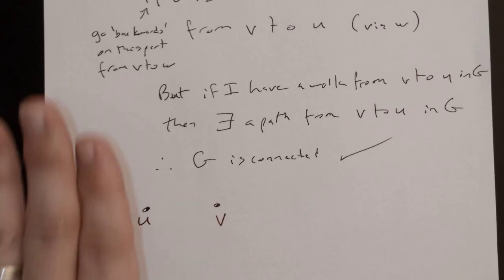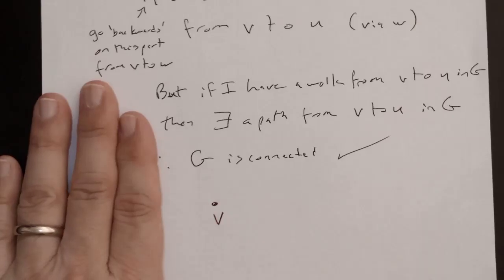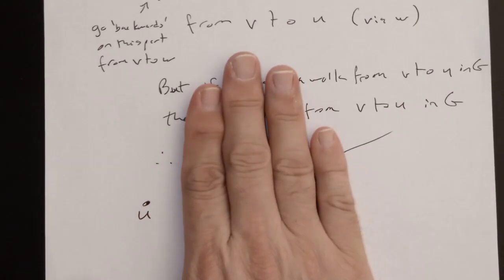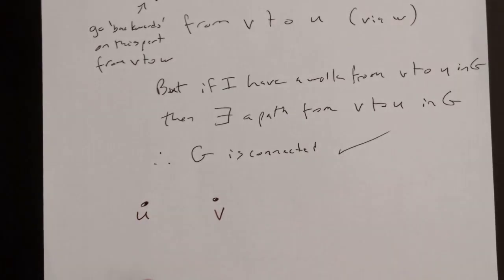If I take away U, that's connected. If I take away V, that's connected. That's not connected. So really, I do need that third one. Otherwise, this is a counterexample to my theorem. But as soon as I have a third one, it does work, no matter how many edges I have.